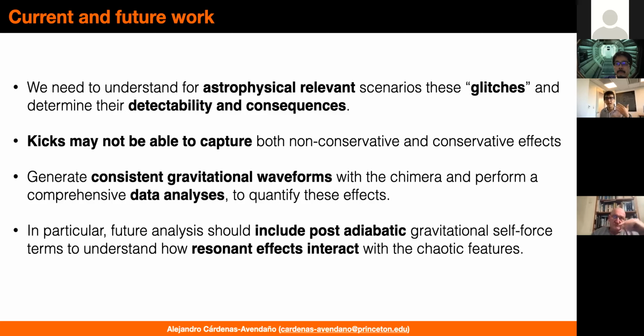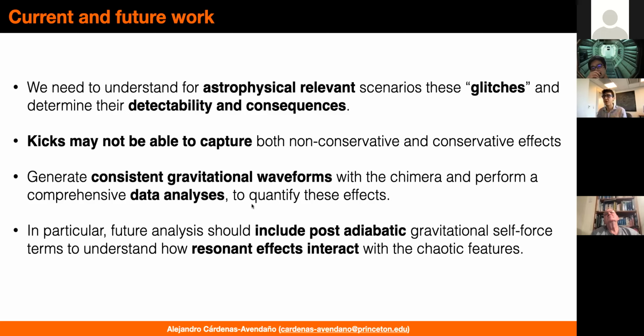As I said, it's a good way, as a dynamical system theory, to actually study a theory per se, to study for symmetries, to characterize phase space. But if we want to observe these effects, we have to disentangle them, and for that have a model. The kicks so far, I couldn't find a good match, meaning that just adding a conservative kick, enhancing the fluxes close to a resonance might not be enough to mimic the appearance of chaos, meaning that it's not just a resonance by the flux that's changing this.